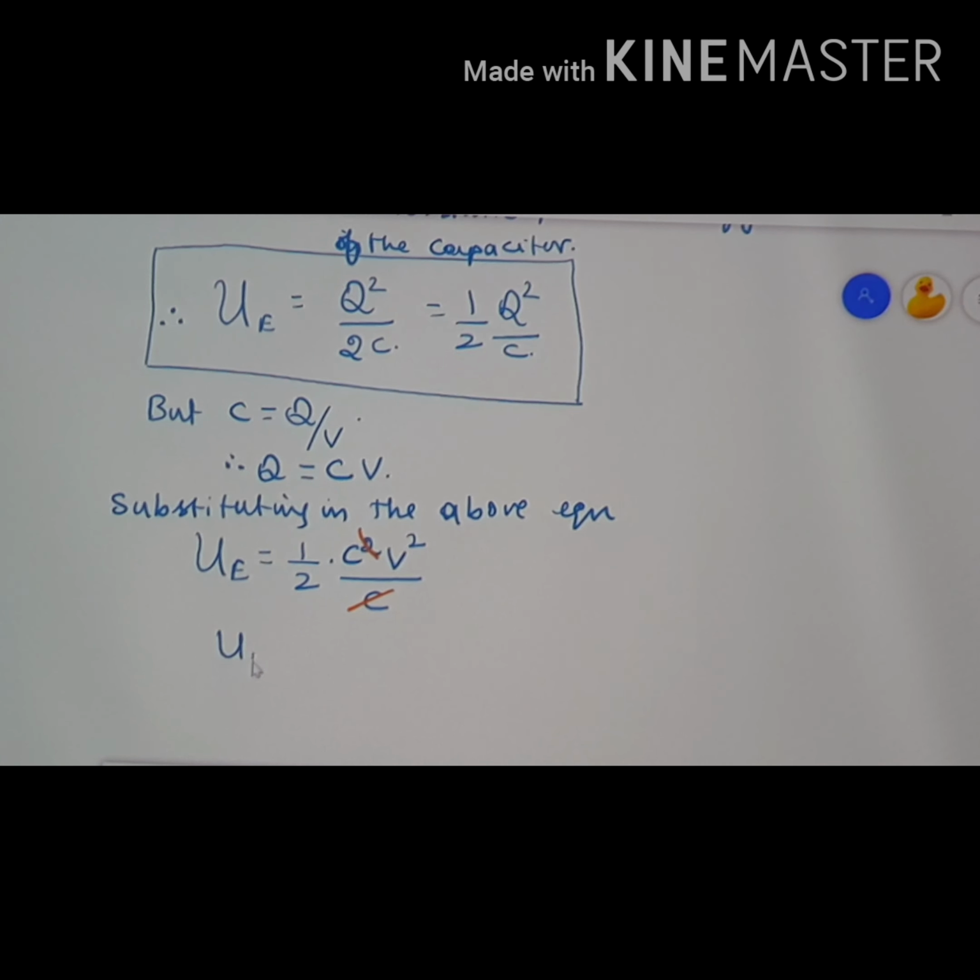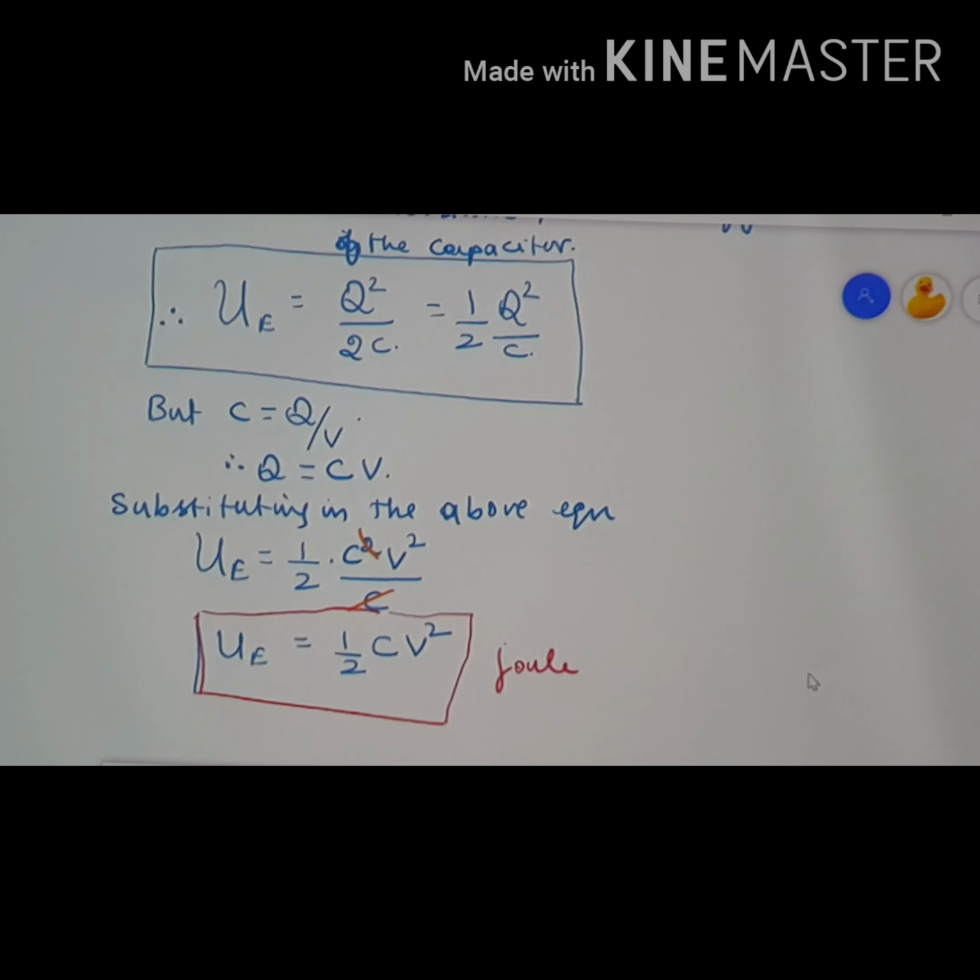Therefore, potential energy is equal to half into C into V square. This is another form of the potential energy, measured in an unit called joule.